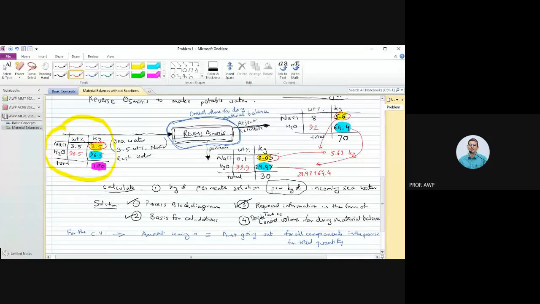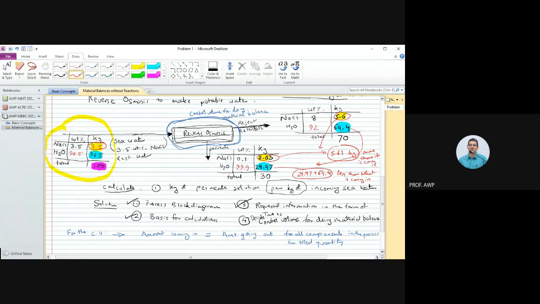Is it less than 96.5, more than 96.5? Less than, sir. Less than. So this amount is less than what is coming in. This amount is more than what is coming in.